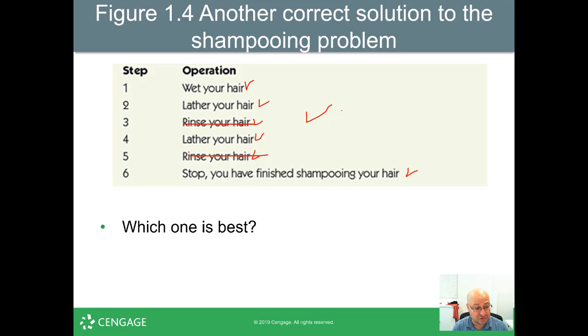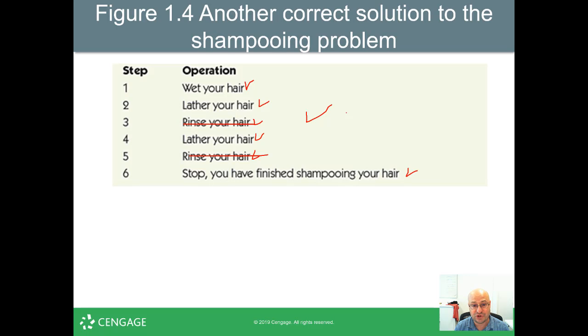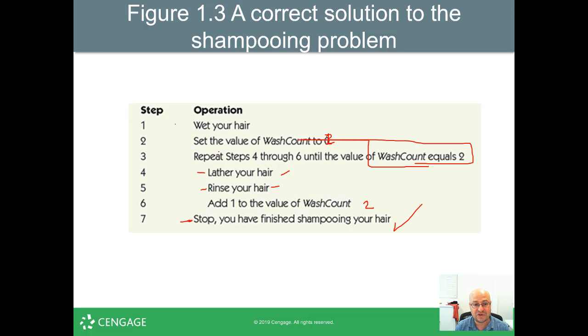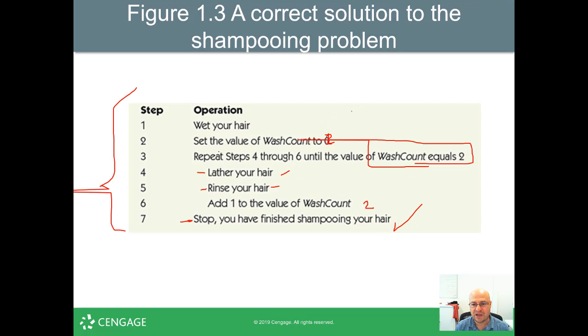But if you want a more general solution that would work for any type of hair, long, short, and for many distinct kinds of people, a model, a supermodel, or someone like me who doesn't need to wash hair because I don't have any, then you should write more general algorithms. This one only works for 2. This one is easily applicable to other people or to other types of hair wash.